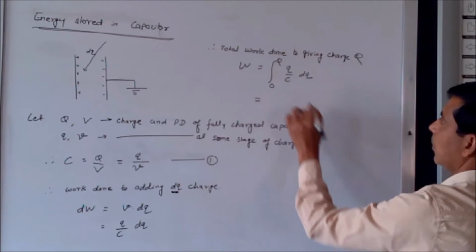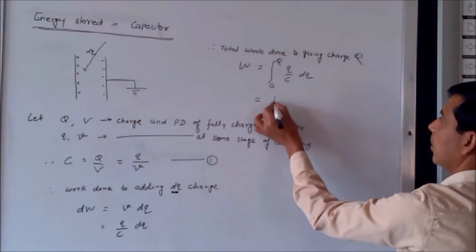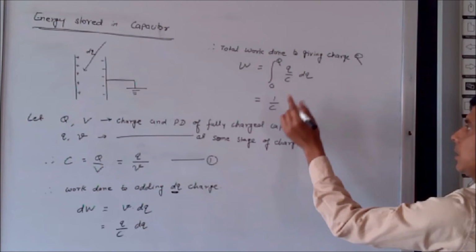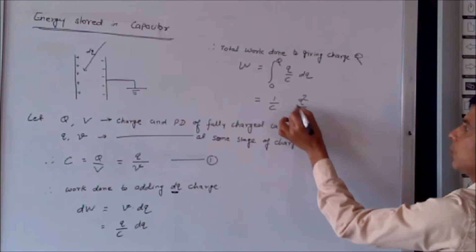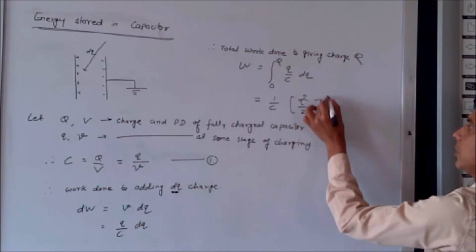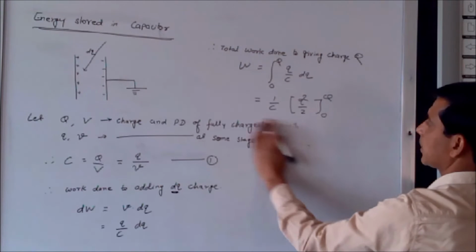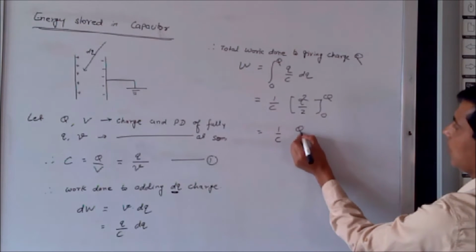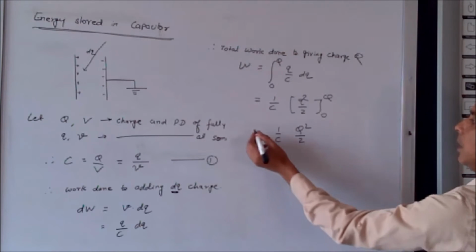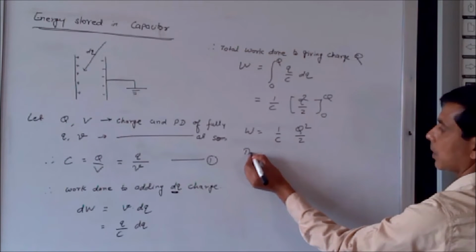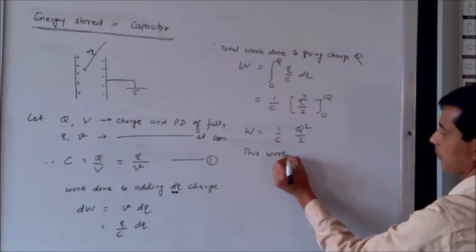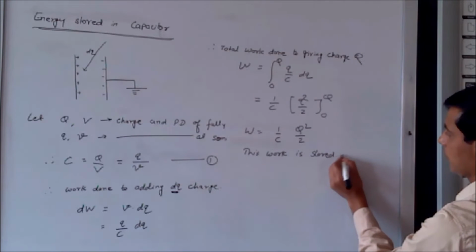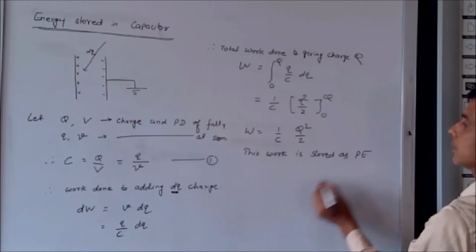Then by using the integration formula, 1 by C is a constant, and the integration of q with respect to dq will be q square by 2. After putting the limit 0 to Q, we get 1 by C Q square by 2, and this work is stored as potential energy.